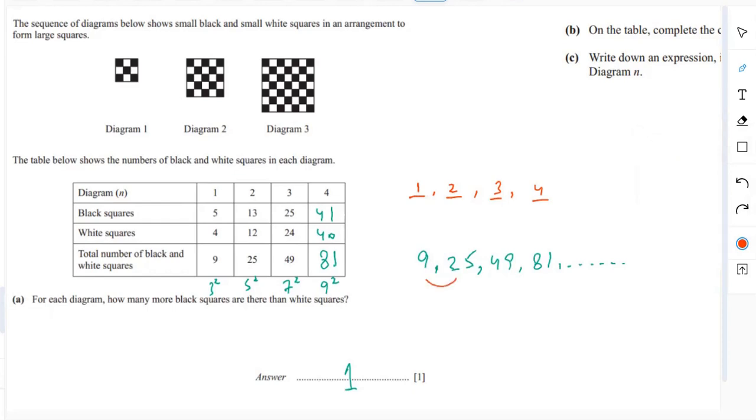Let's figure this out. 9 और 25 का difference क्या होता है? That's 16. 25 और 49 का difference क्या है? That is 24. 49 और 81 का difference क्या है? That is 32.